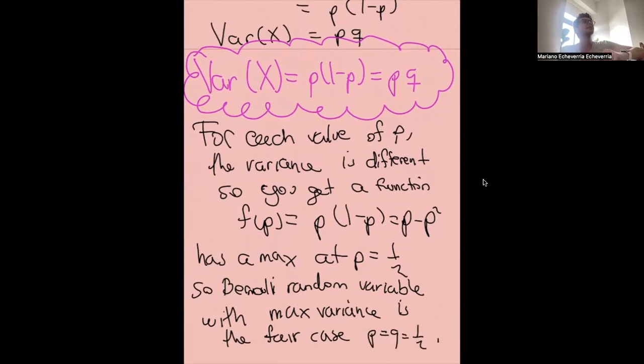Which makes sense, because the equally likely case is when there's no preference over either of the two values that the random variable is taking. So that's when you're most spread out from the average. In the others, there's a preference for one of the two outcomes.